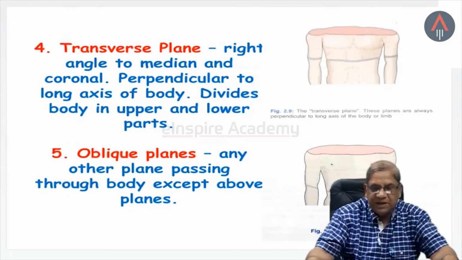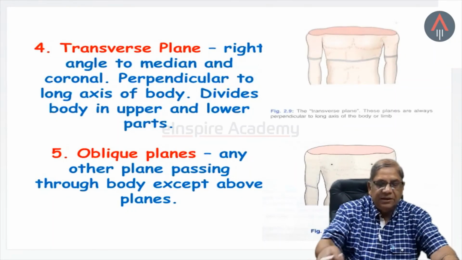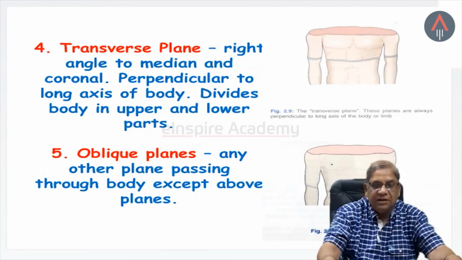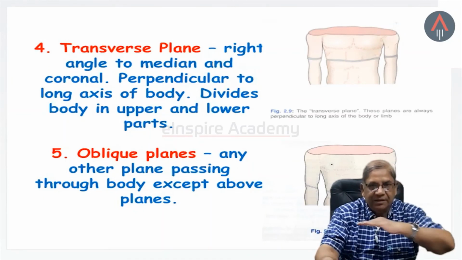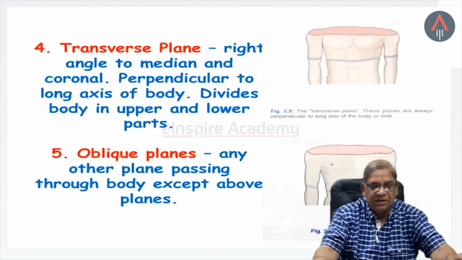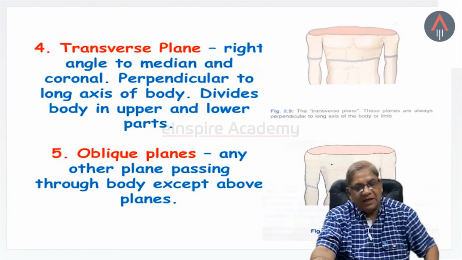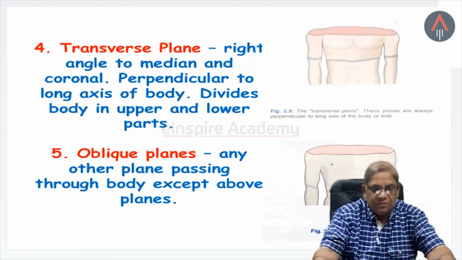Coming to the fourth plane, which is the transverse plane. This transverse plane is at right angle to the median and coronal planes also, because it divides the body transversely. So it will be at right angle to the coronal as well as the median plane.